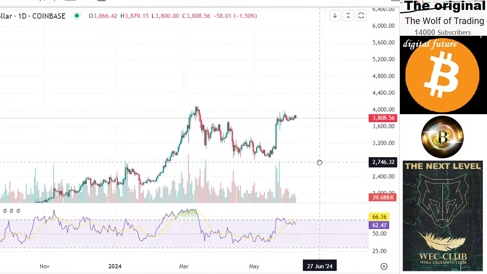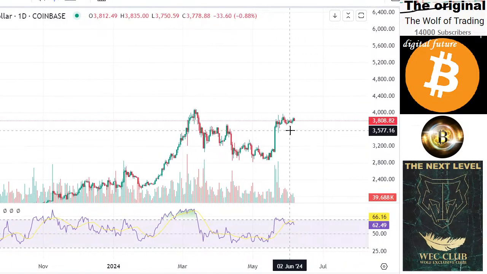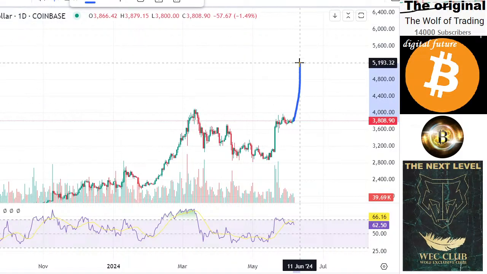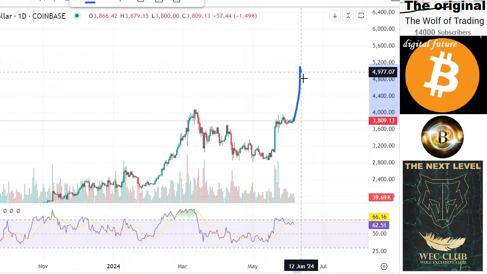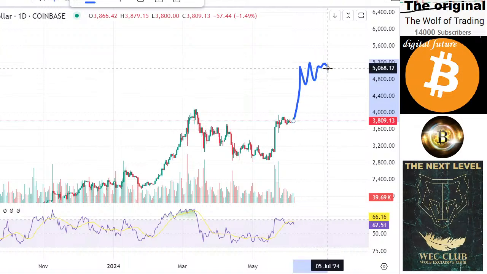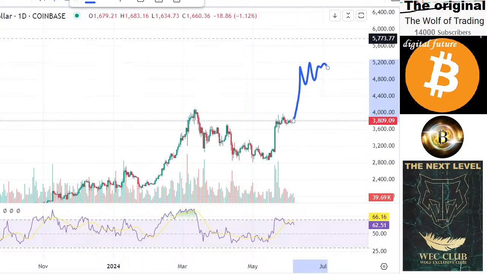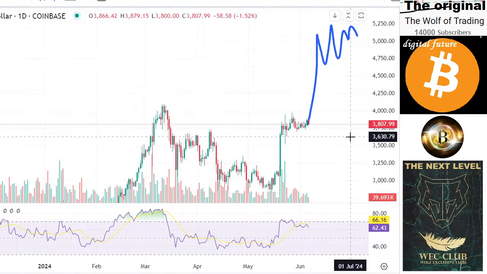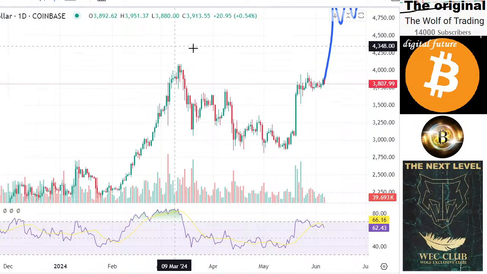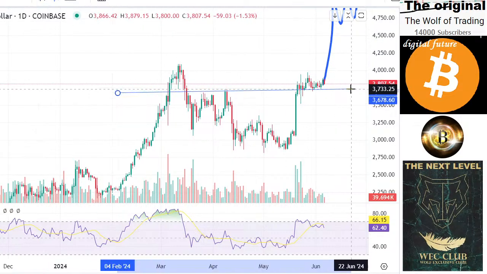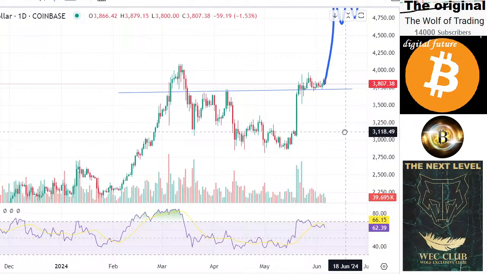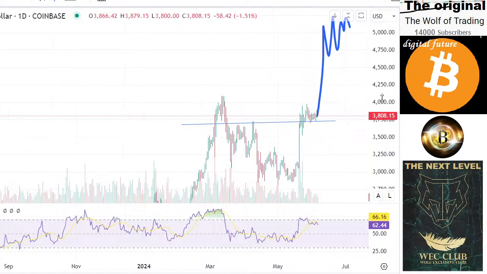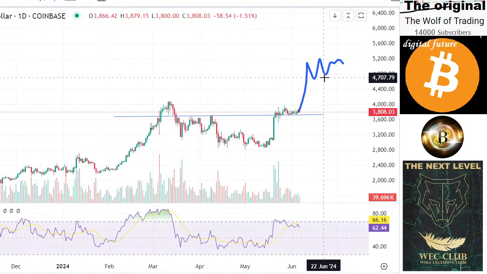And I think the next movement will happen like this, to 5,000. The reason is that here in the big picture, the price stays exactly on these levels. We're sitting here on these levels, and I think the next movement will go like this to the upside.